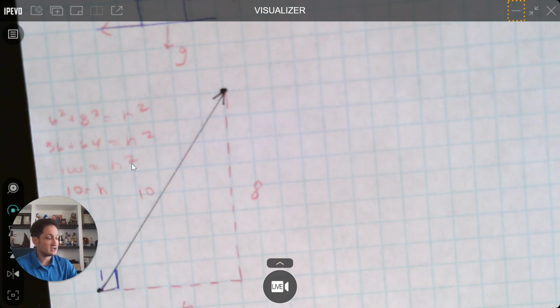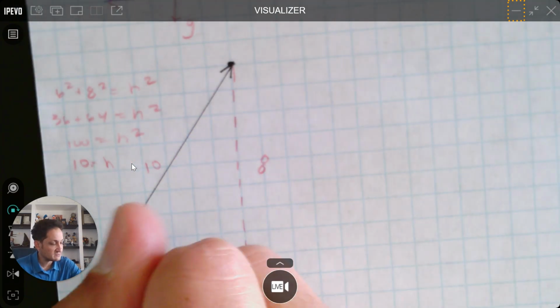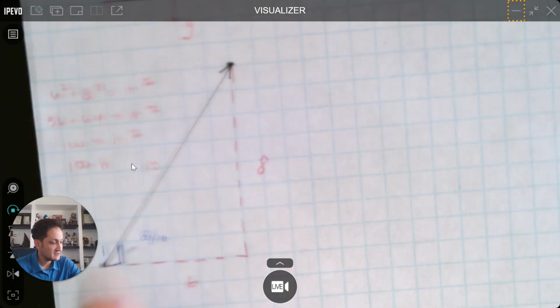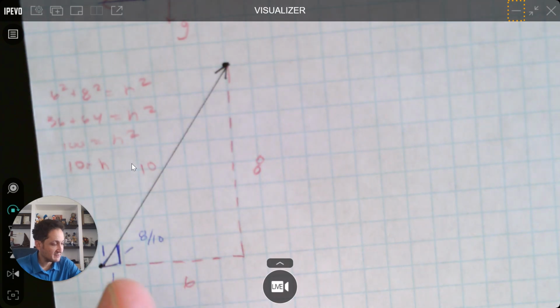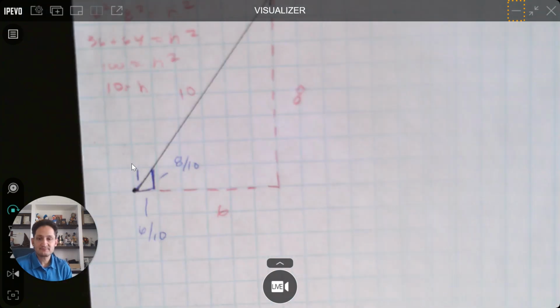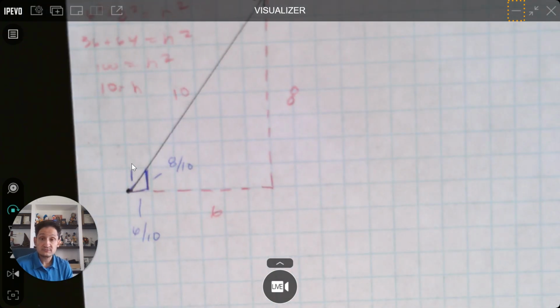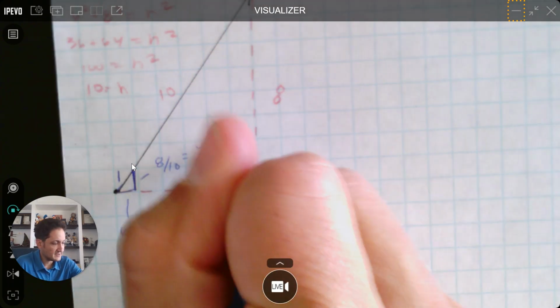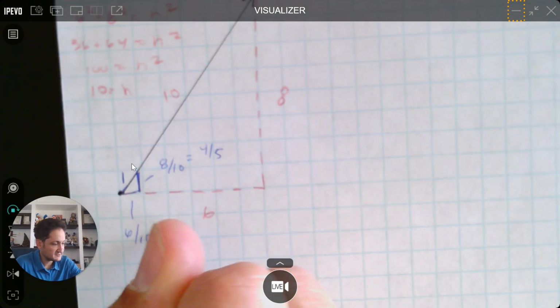So here's the thing you do. All you realize is that this must be the leg divided by 10, and this must be the other leg divided by 10. All you do to find the components of your unit vector is you just take the components and divide them by the magnitude. I mean, simplify, of course. 4/5, 3/5.